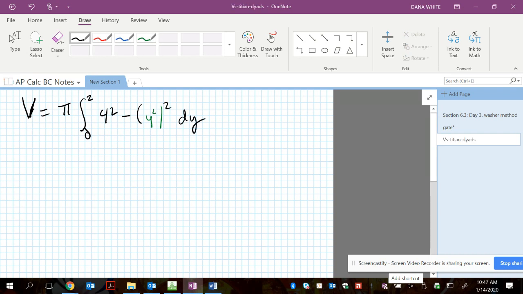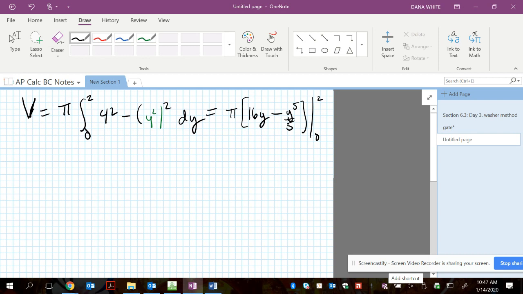Does that make the calculus really easy? So it's pi. What is the antiderivative of 4 squared, which is 16, in terms of y? 16y. What's the antiderivative of y to the 4th? y to the fifth over 5, evaluating from 0 to 2, yes?